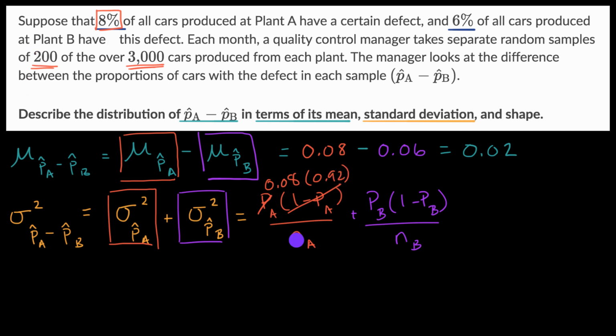We're taking samples of 200 at a time from plant A. And then in plant B, we know the population proportion, they told us, is 6% or 0.06. 1 minus that is 0.94. And then the sample size from plant B is also going to be 200.